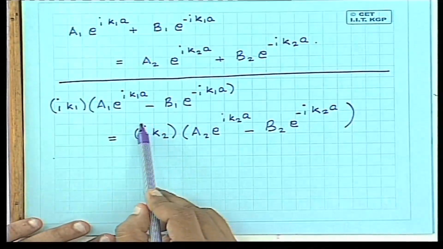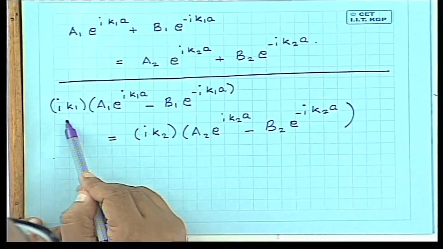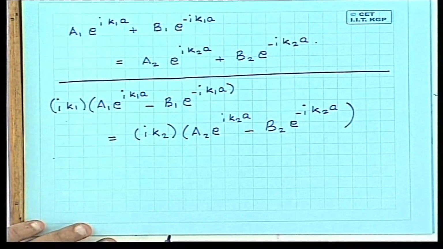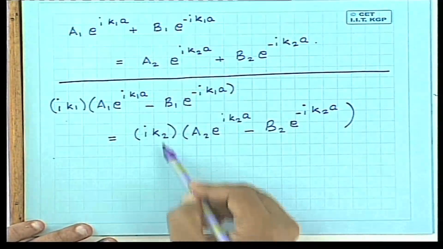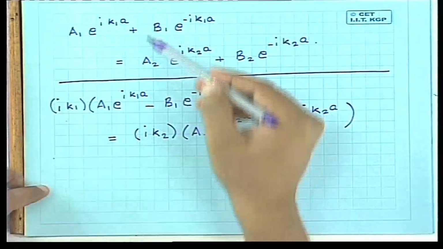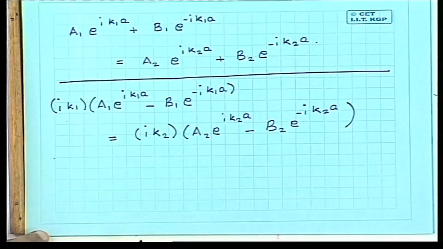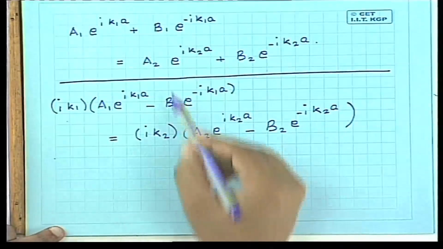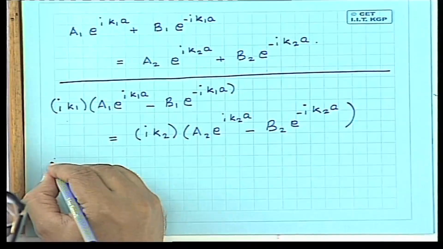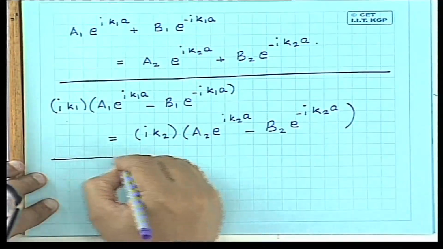If we divide throughout by i k2, then this will become k1 by k2. Then we add the two equations after dividing the second one by i k2. If I add these two equations, let me write down the right hand side first.